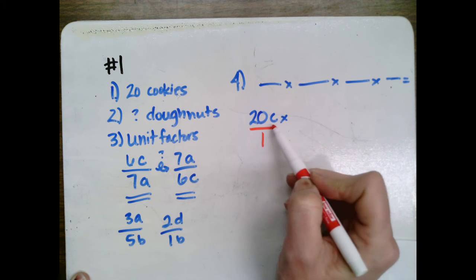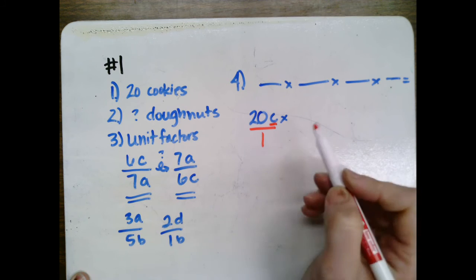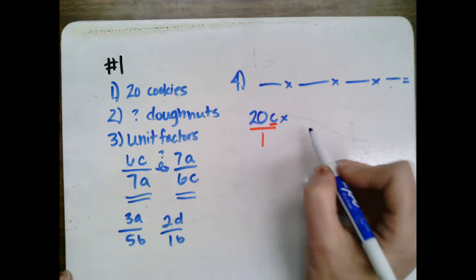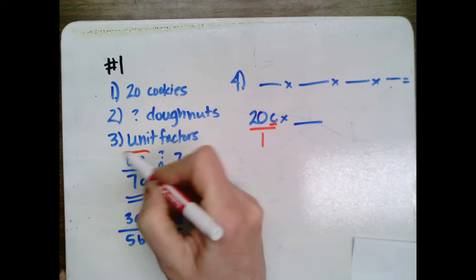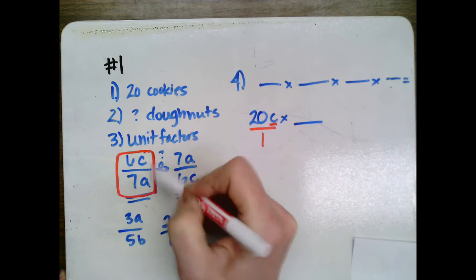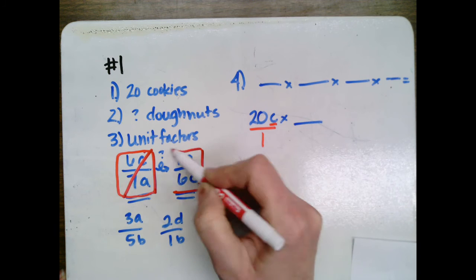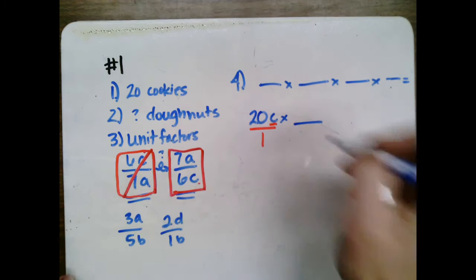So if cookies is in the numerator, and I want to cancel out cookies, that means I must put cookies in the denominator. And at that point, many of you used this unit factor when you should have used this unit factor, because cookies needs to be in the denominator.